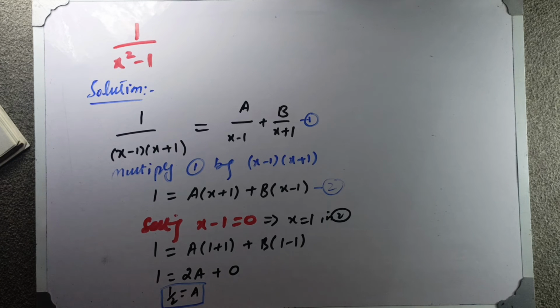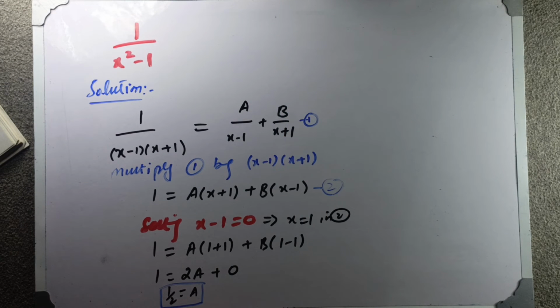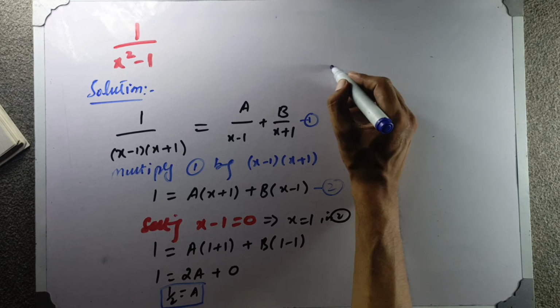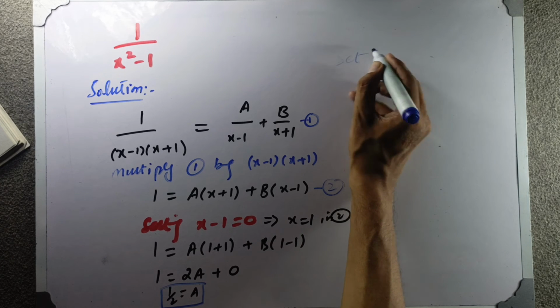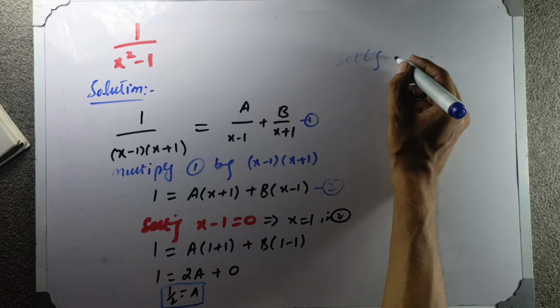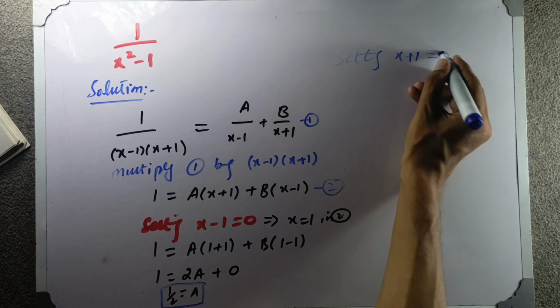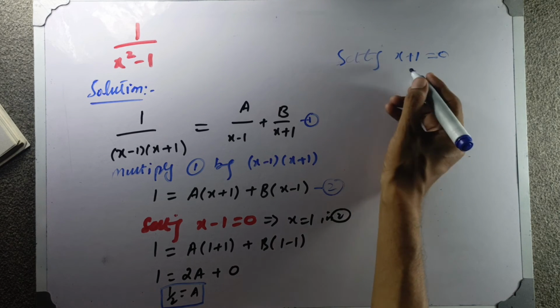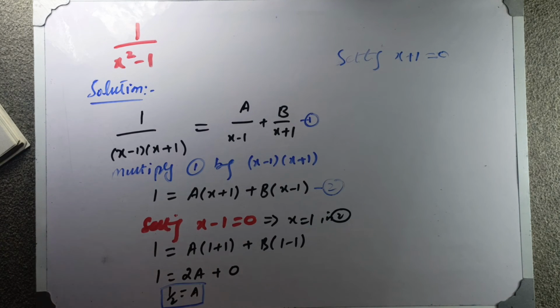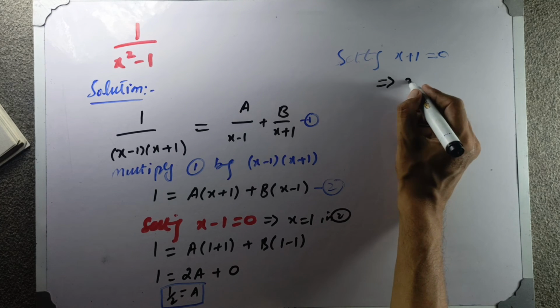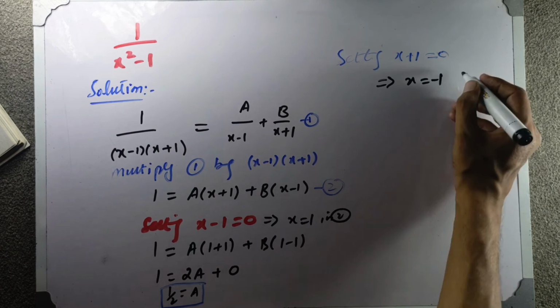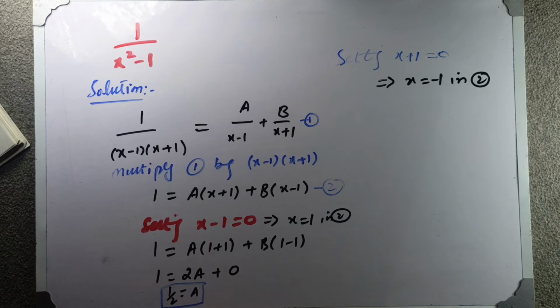Now to find the value of b, we are going to set x plus 1 equal to 0. This will give you x is equal to minus 1.